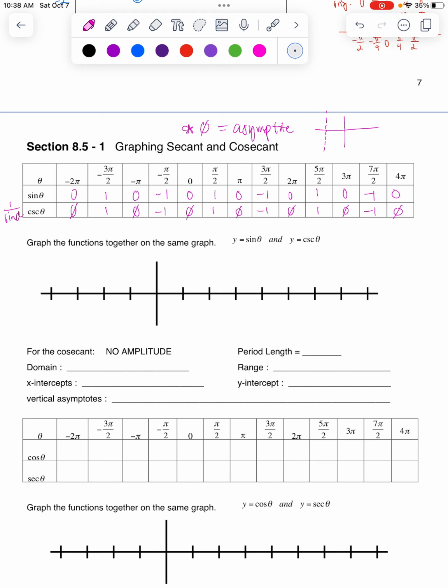This means that there are no points hitting this dotted line at all, that this graph has a boundary at whatever this value of x is. So that's what's happening here. We have an undefined value, so I'm going to have an asymptote at negative 2 pi, one at negative pi, one at 0, at pi, and so on, wherever it says undefined.